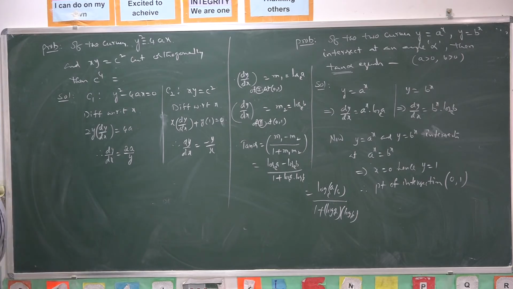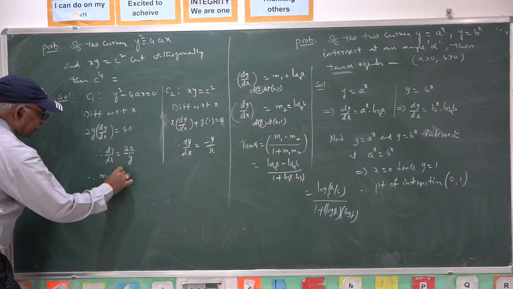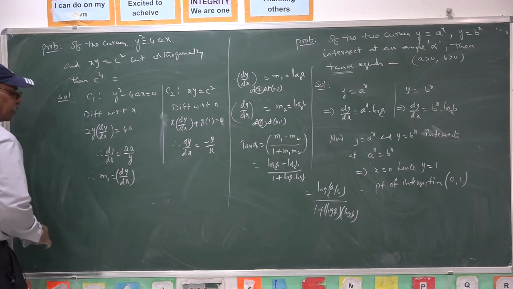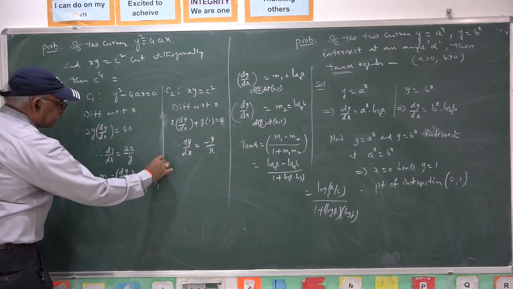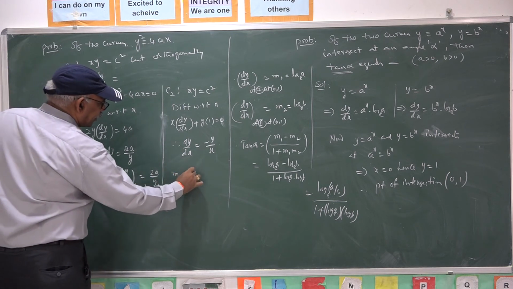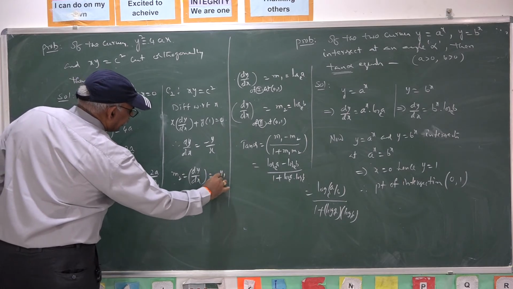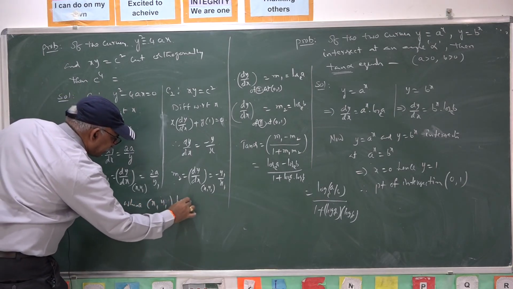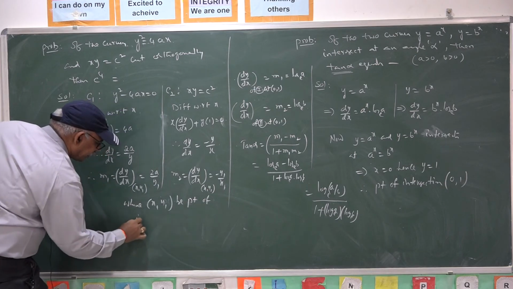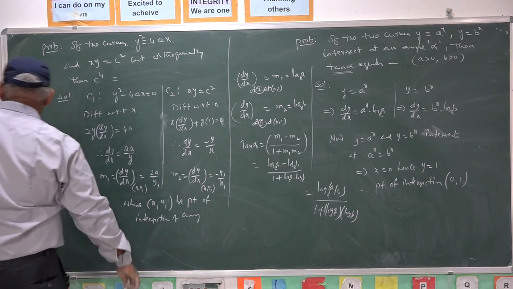Suppose these two curves are at right angle. That means the slope of tangent m1 equal to dy by dx at x1 y1 is 2a by y1. Similarly, m2 equal to dy by dx at the same point is minus y1 by x1, where x1 y1 is the point of intersection of the curves.